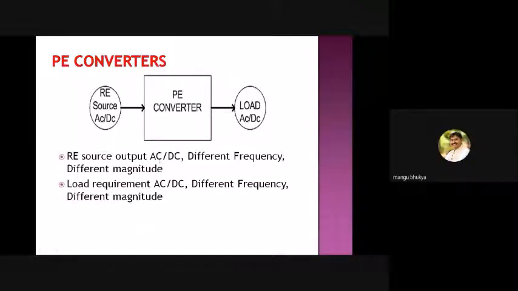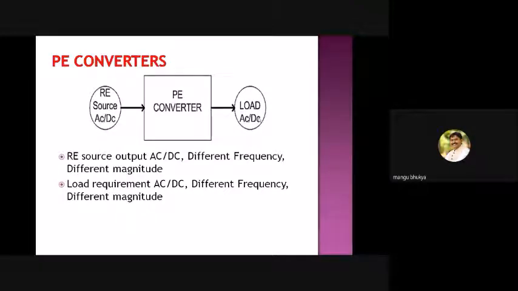See, what I am trying to tell you is that renewable sources are variable and intermittent in nature, and they are available in the form of AC or DC, but they do not give a constant frequency. But all our loads require constant frequency and constant voltage magnitude.